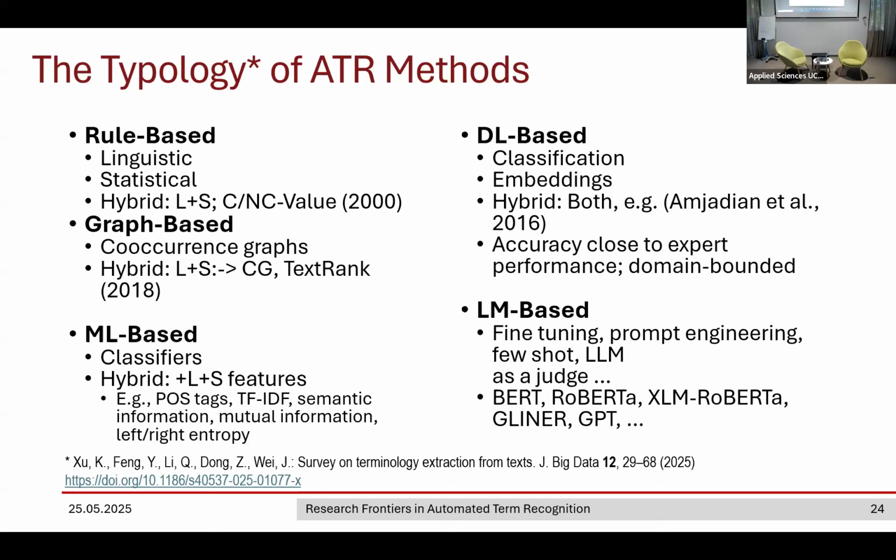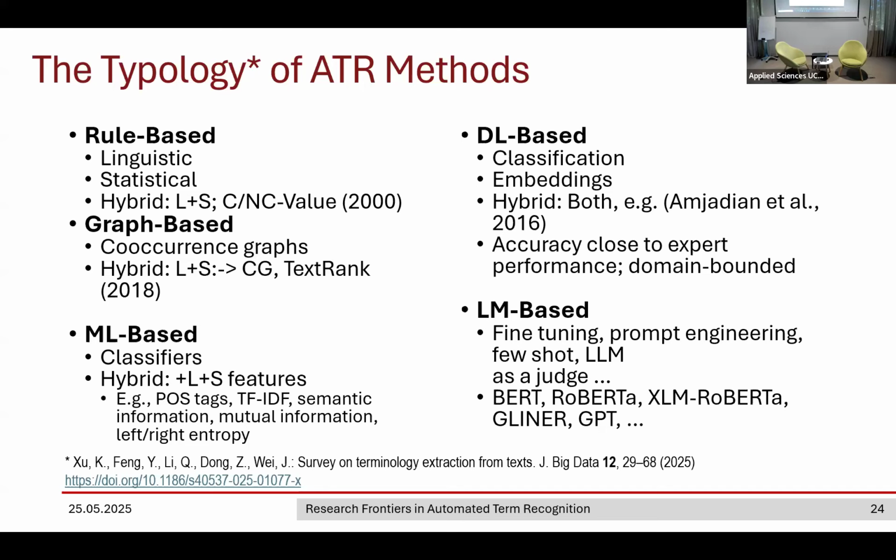The graph-based methods looked at co-occurrence graphs I mentioned already, and there are also hybrid graph-based methods, which first take linguistic plus statistical for pre-processing, for initial ranking, and then build the co-occurrence graph based on the ranking table.